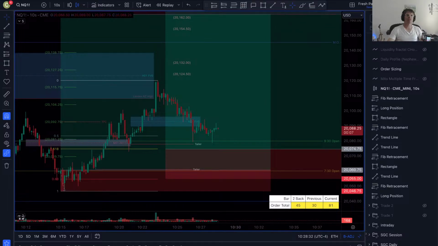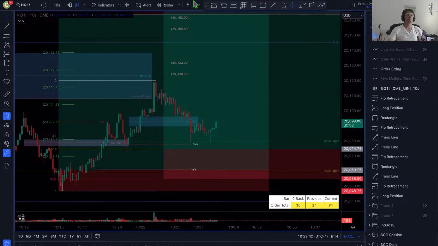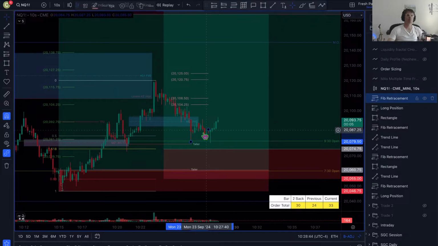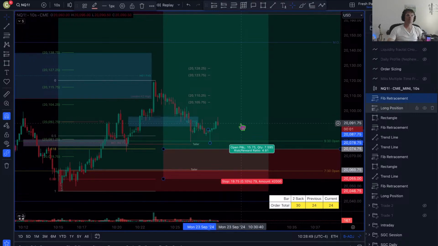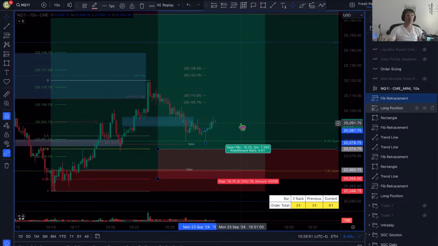It definitely still has potential to come down because the S10 is not closing up strongly. Not yet. That's not going to get us very far though. Maybe 105.75.